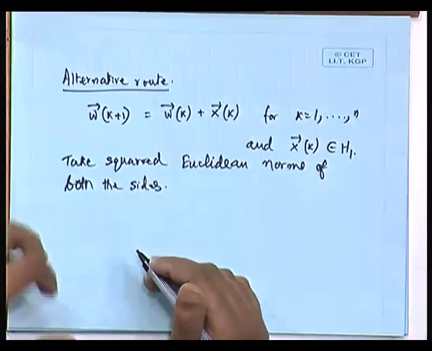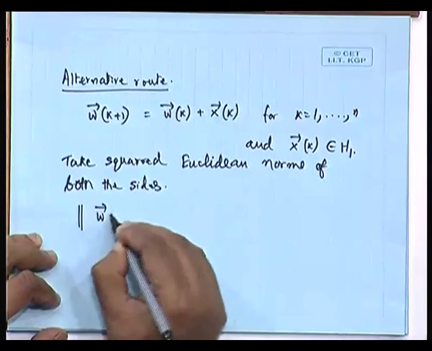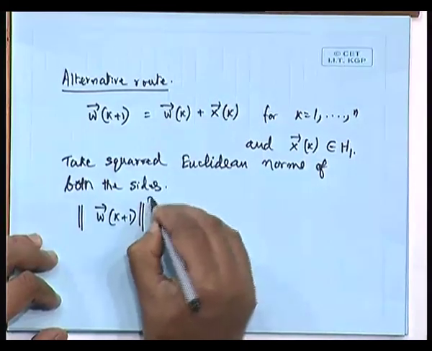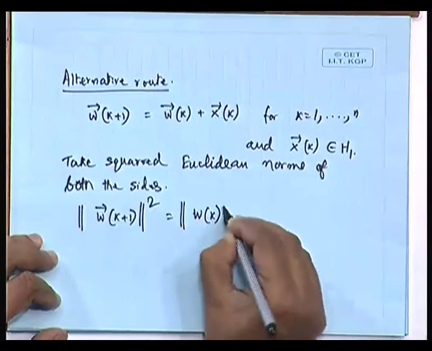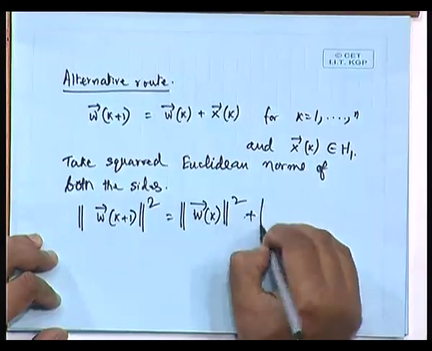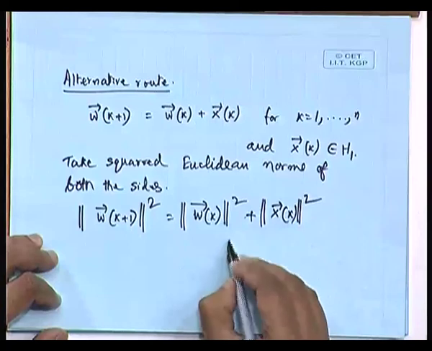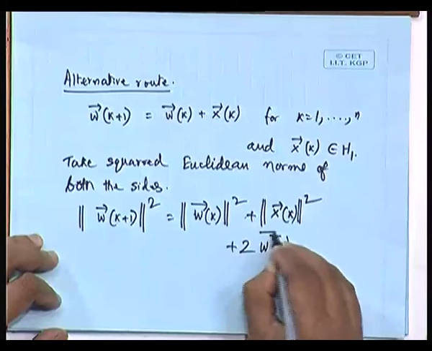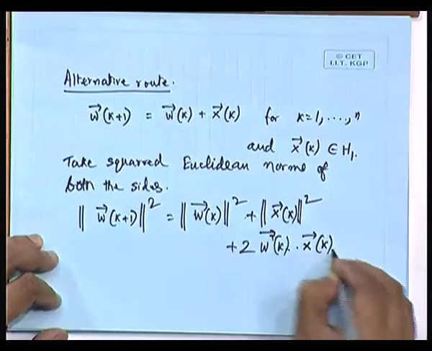So, you know what you are going to get. We can directly express it. I think that we need not expand it. If you have doubts, please do not hesitate to ask me. Norm of Wk plus 1 squared is going to be equal to norm of Wk squared, plus, yes, please go on, norm of xk squared plus twice, correct, twice Wk transpose xk, very correct.